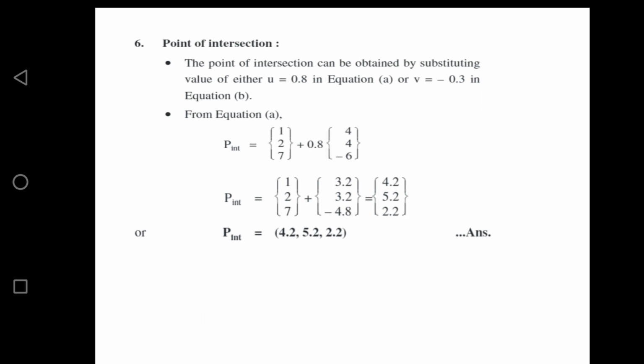Let us consider the line equation 1, 2, 7 plus u into 4, 4, minus 6. If I substitute u equal to 0.8, I get 4.2, 5.2, 2.2. So this is the point of intersection.